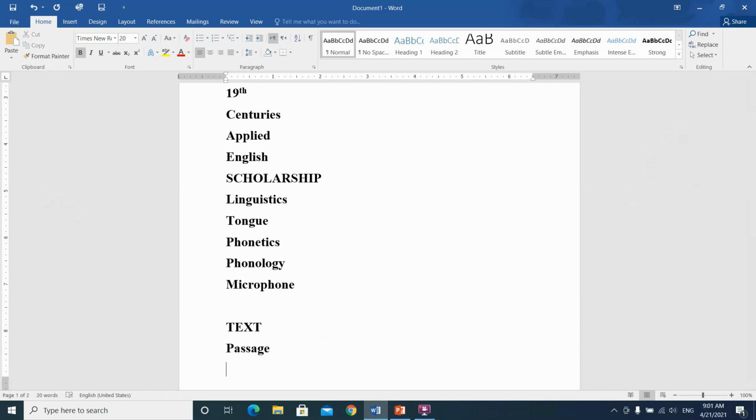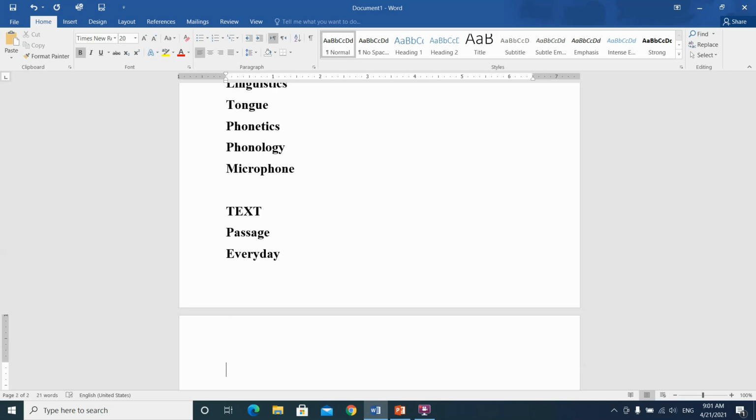So every day students or learners are given a text every day. وركزوا على هاي الكلمة نكتبها كلمة واحدة. Every day learners are given a text.